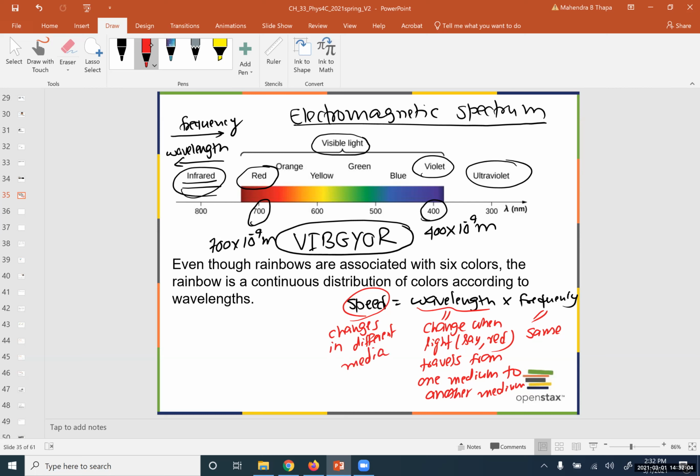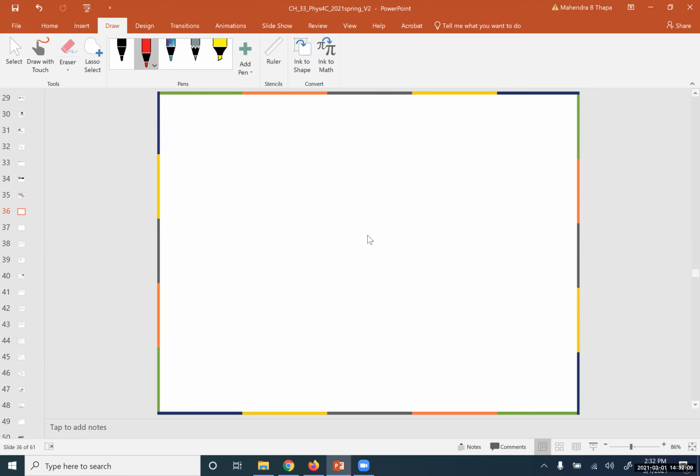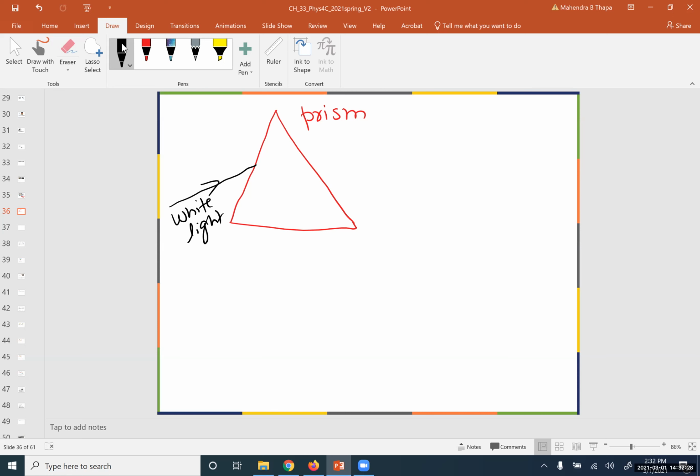So if we have this prism, a triangular shaped glass, and we pass light, this is white light. White light is the combination of 7 different colors.